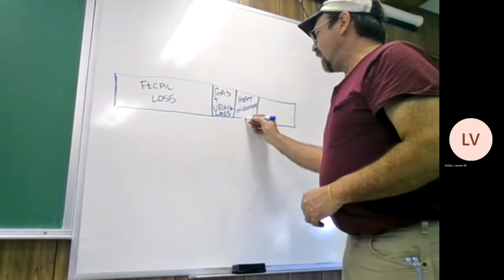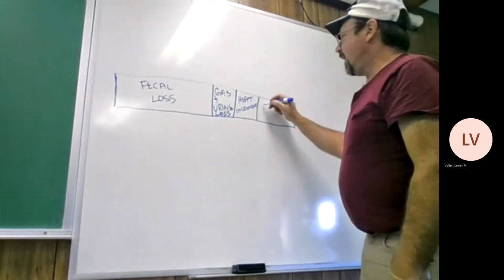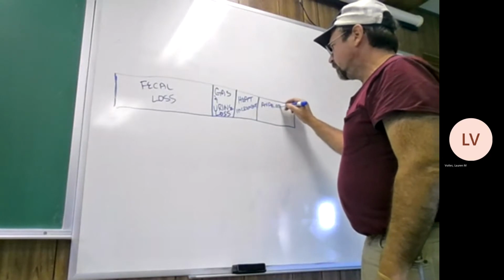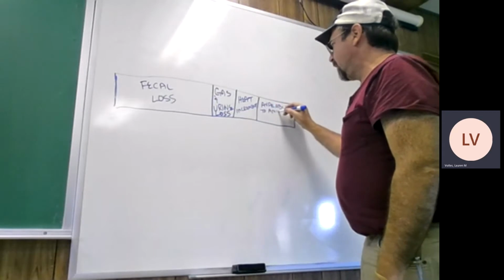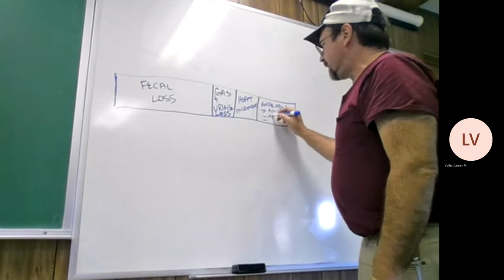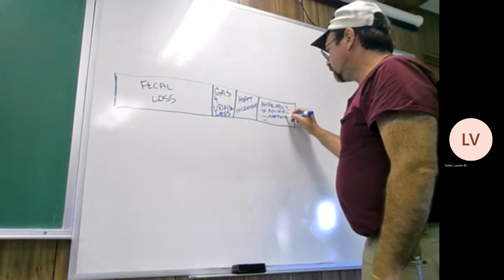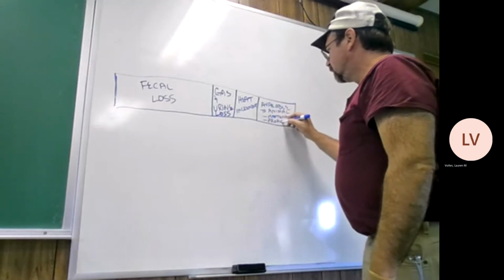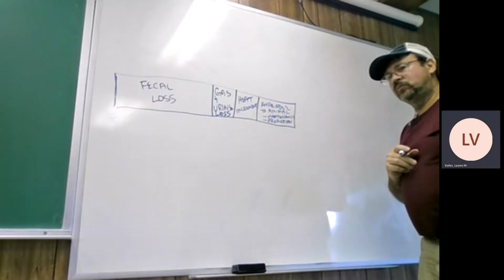But the rest of the energy goes all the way through the circuit. And then this is available to the animal to do whatever she needs to. Would that be like net energy? That is net energy. Okay. So either for maintenance or production. That makes sense? Yes. Okay.